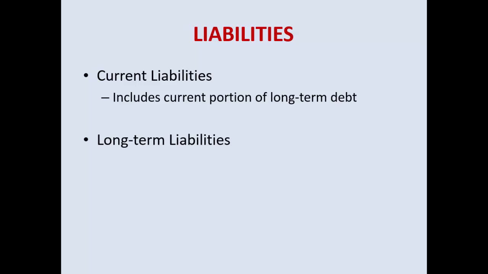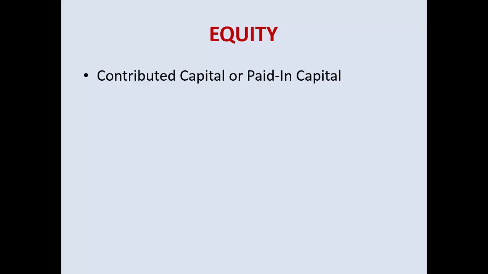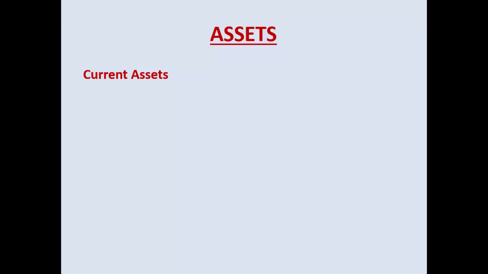Liabilities must also be classified current and long-term. And remember from accounting principles, this must include your current portion of any long-term debt. How much of that note do I have to pay this year? The equity, there'll be two main components: contributed capital, or your owner's contributions, and internally generated capital.